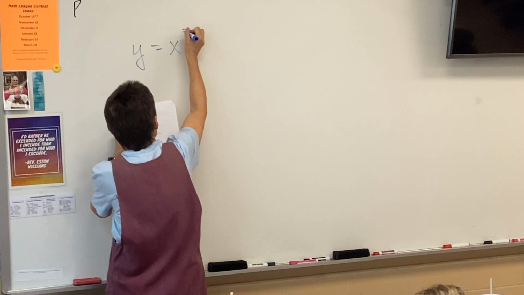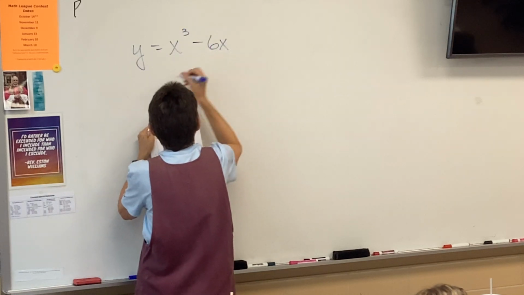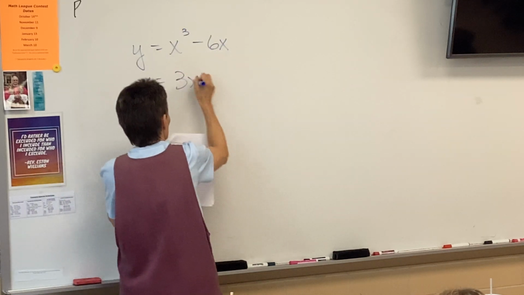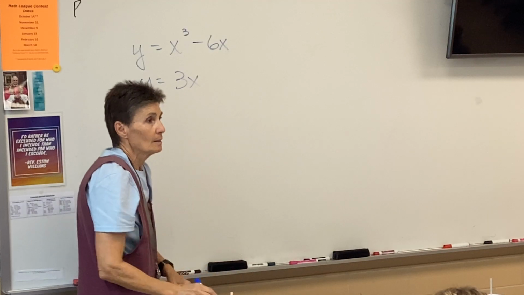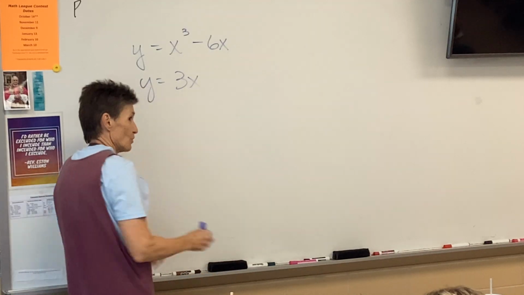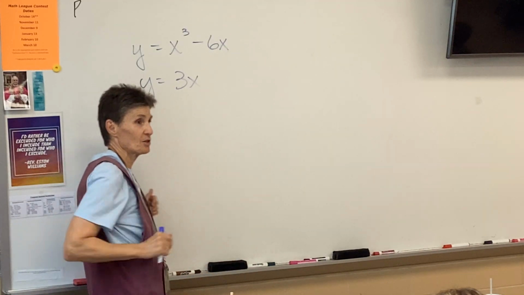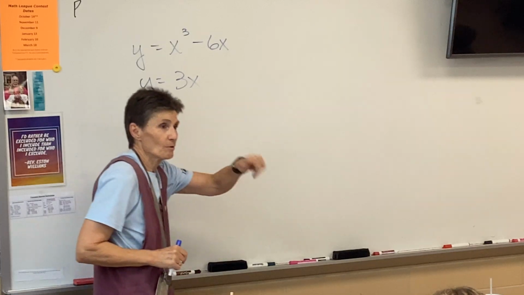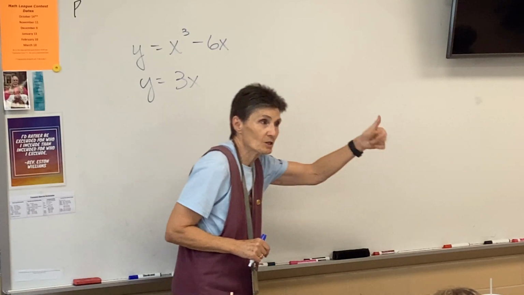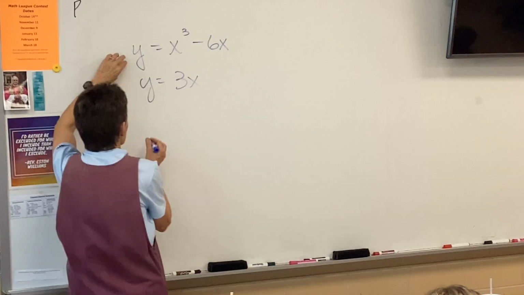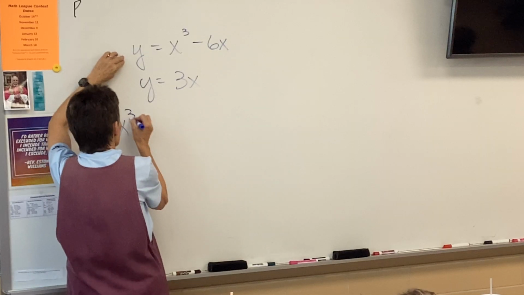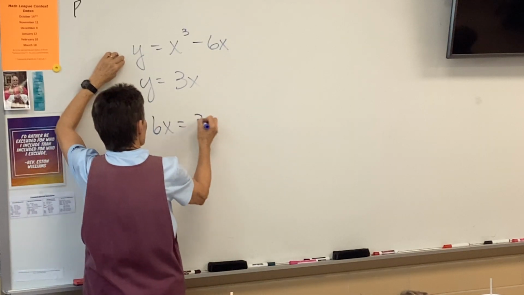So, how do you want to solve this by hand? No calculator. How are we going to do it? Charlie? Send me a computer. Absolutely. It's called substitution. What's our other method we have? Elimination, right? We're going to use substitution. So, x cubed minus 6x equals 3x.